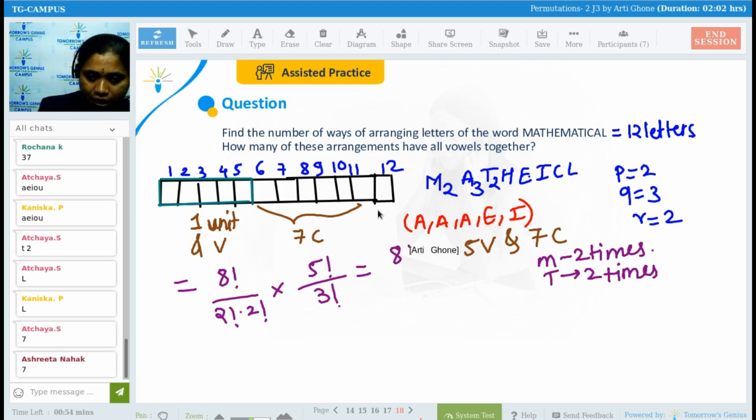So our total answer becomes 8 factorial upon 2 factorial into 2 factorial, into 5 factorial upon 3 factorial, in which vowels are together. So tell me the final answer.